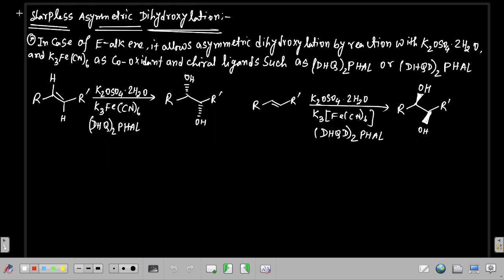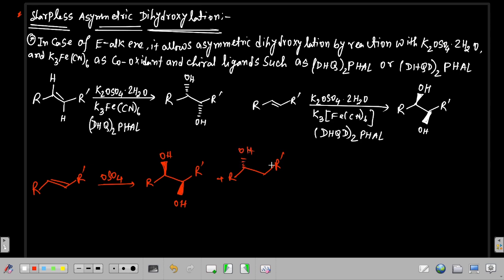Now we will see the Sharpless asymmetric dihydroxylation. As we know, by using OsO4, it will give a syn hydroxylation, but it can give both isomers.